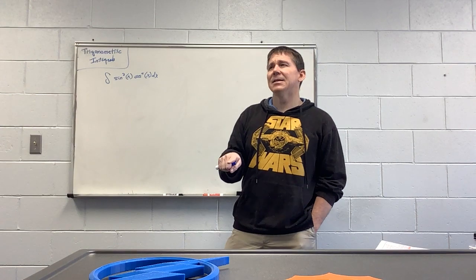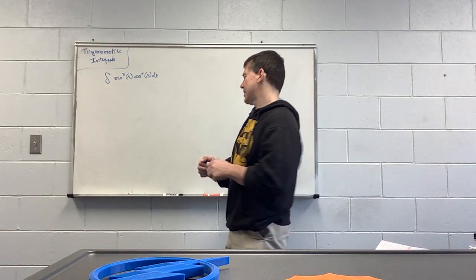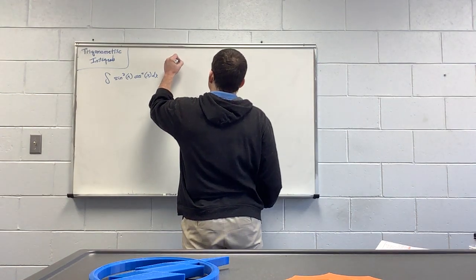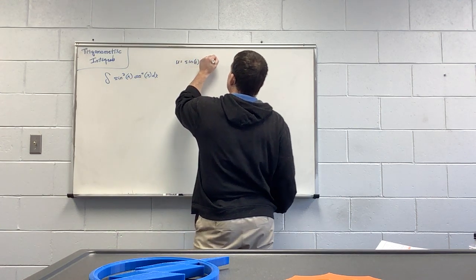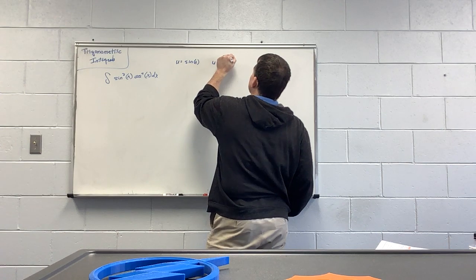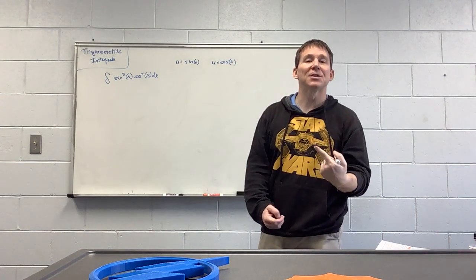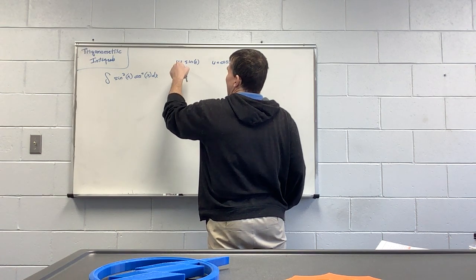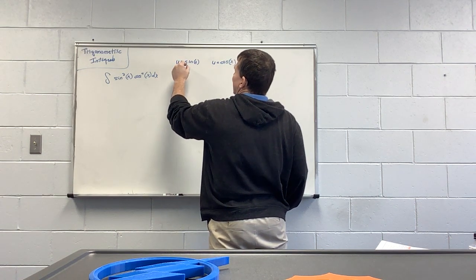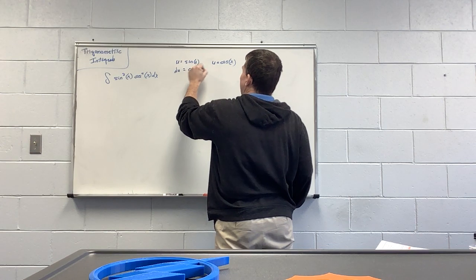Let's see. I have two options. I can let u be sine x, or I can let u be cosine x, because those are the two trig functions that I have. If I use u equals sine x, du is cosine x.